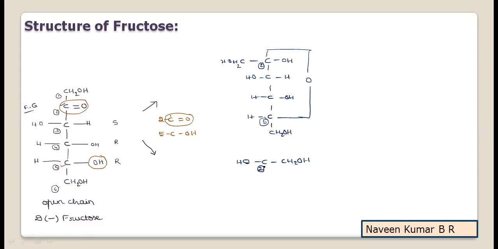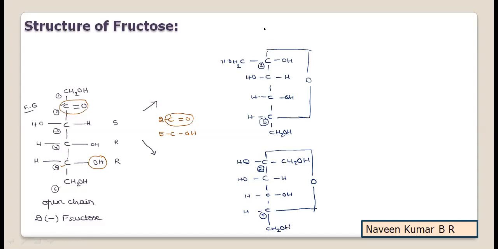So if you take the second structure here, the similar information: the fifth carbon atom's hydroxyl group is reducing the ketone oxygen to OH, and the O of the hydroxyl group is linking the two carbon atoms. The last carbon has CH2OH.